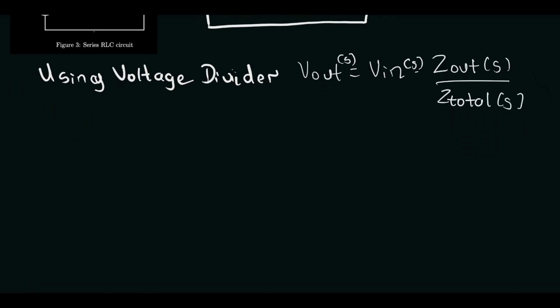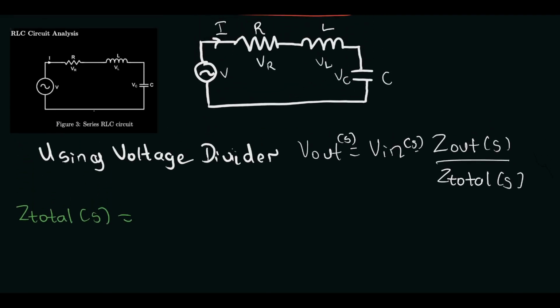Your Z total will be equals to the impedance of your resistor, your inductor, and your capacitor. ZR plus ZL plus ZC.